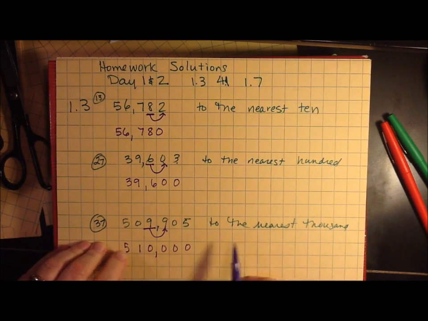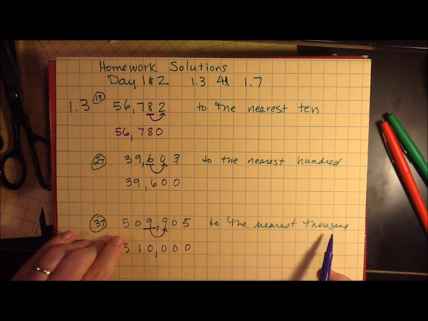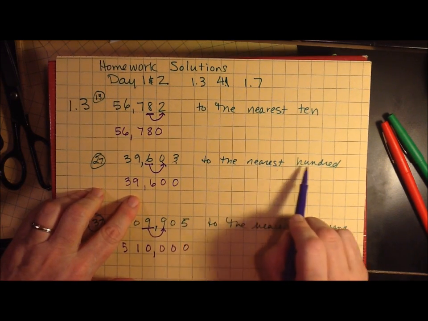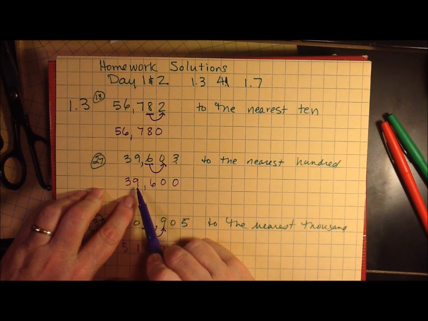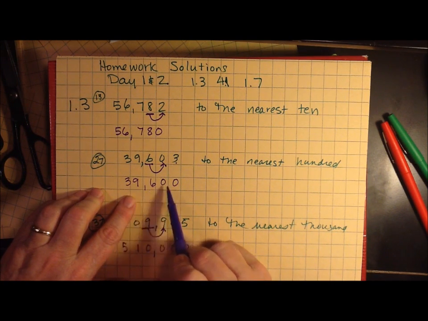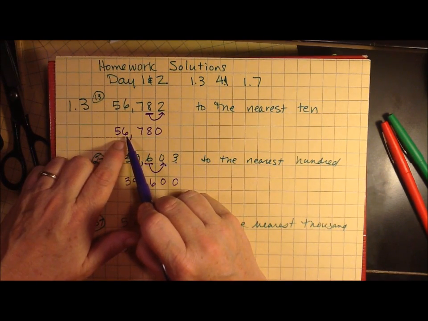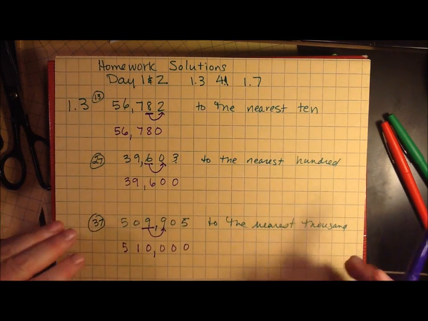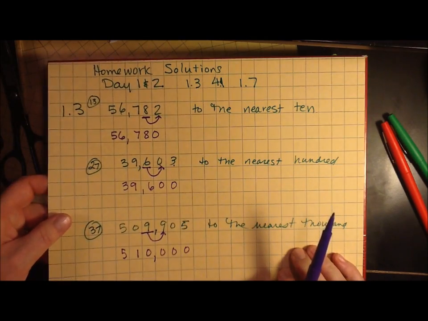So rounding 509,905 to the nearest 1,000 gives me 510,000. To the nearest 100, and you can hear this, 39,600. To the nearest 10, 56,780. When I say it, it's always in that last term.